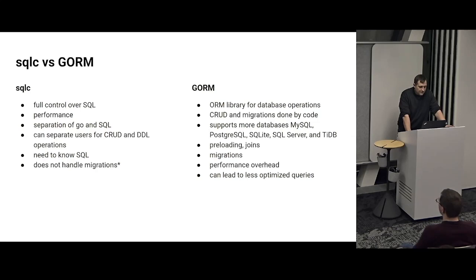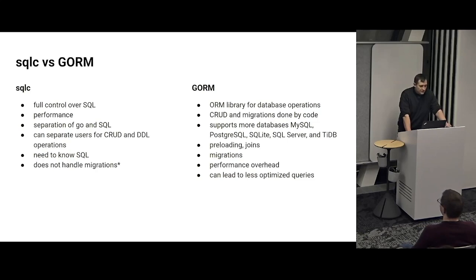Yeah, so SQLc might be faster. It all depends on how complicated your database is, how complicated your queries are, how you write your code, and stuff like that. In SQLc, you pretty much know what will happen in the database, because you explicitly state it, right? In GORM, if you're a really experienced GORM programmer, I assume you also know what will happen, but yeah.